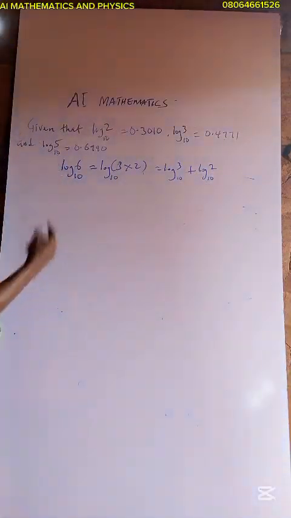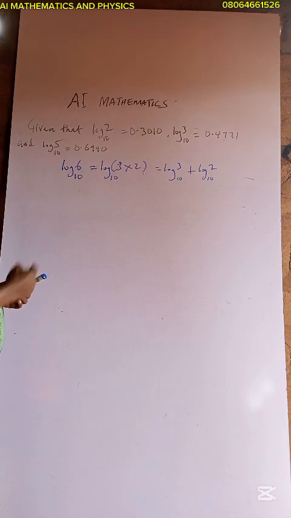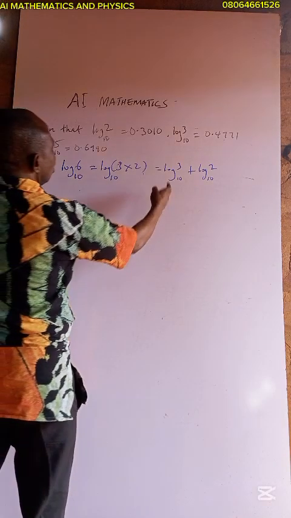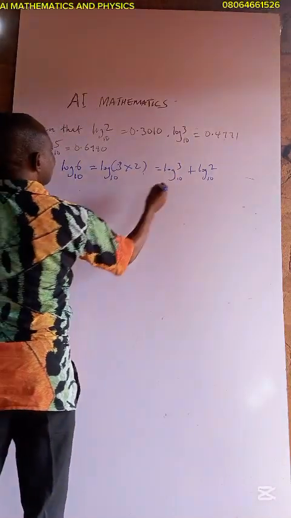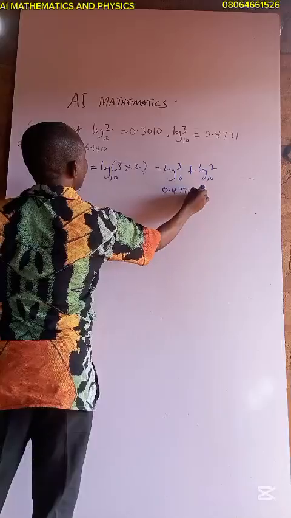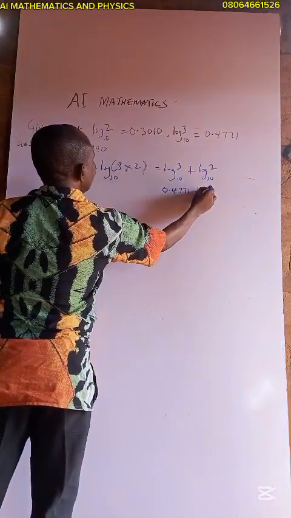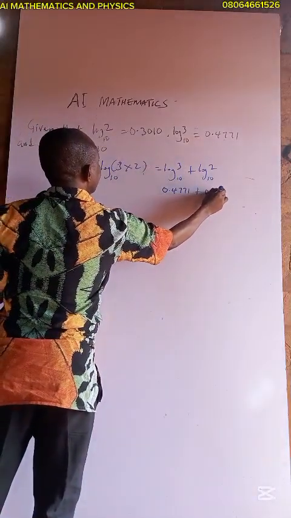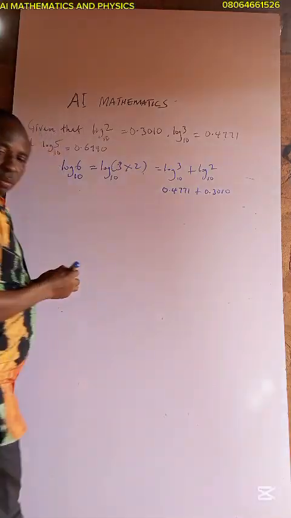Log 3 came out, log 2 came out, so just add the two. Log 3 is 0.4771 plus log 2, which is 0.3010.